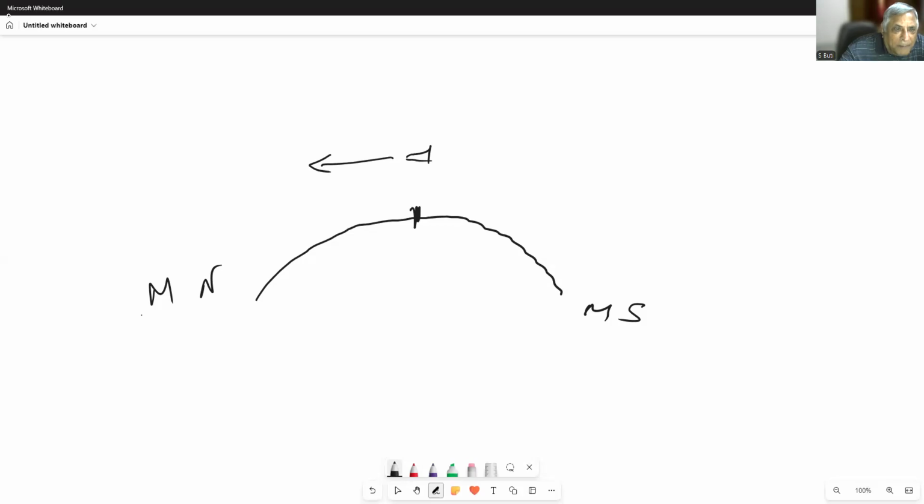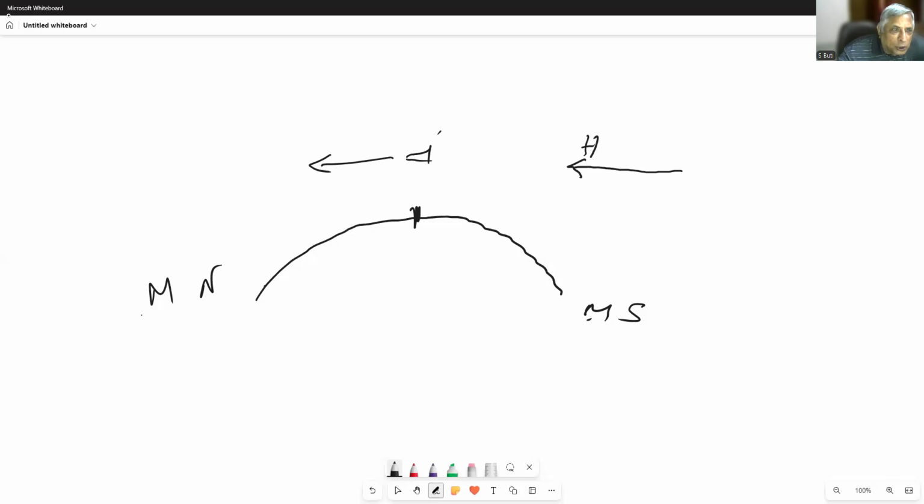Over the magnetic equator, your compass needle will be horizontal because on the magnetic needle, the South Pole and North Pole are exerting equal force. This is the horizontal force. The magnetic needle will be horizontal.